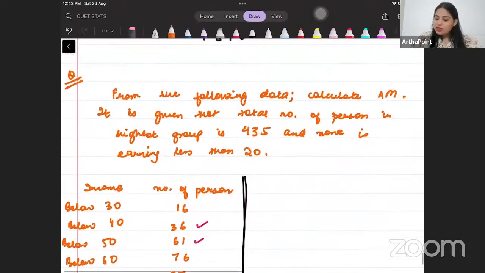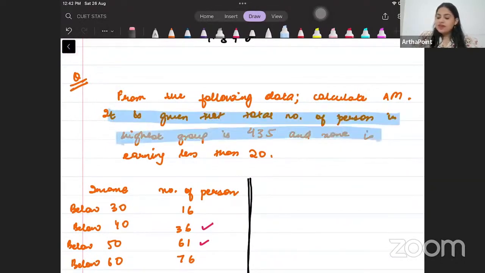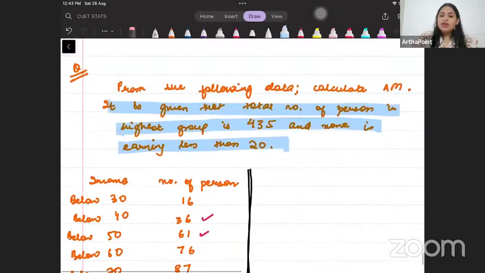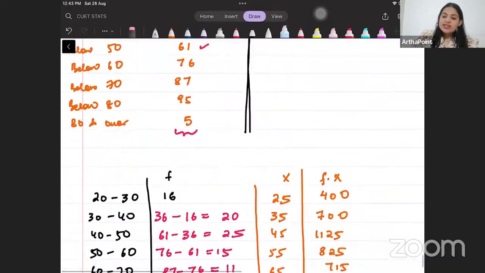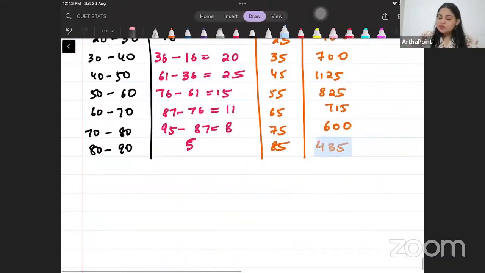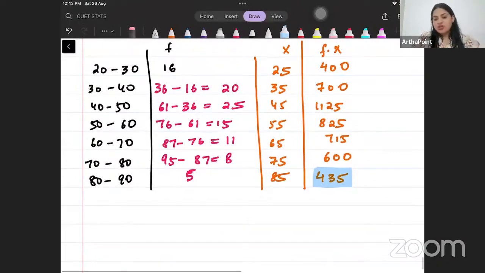And that is exactly what this was saying, that it is given that the total income of the people in the highest group is 435. I've written it in the wrong way. So that is meeting exactly this. So we also satisfy what they have mentioned there.